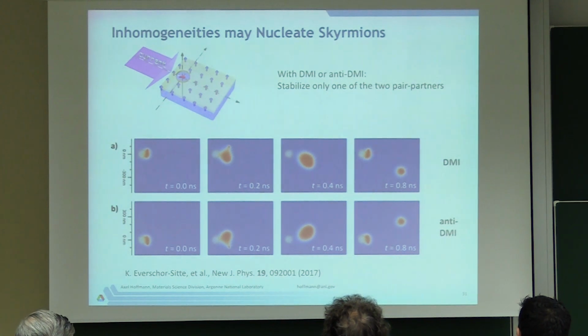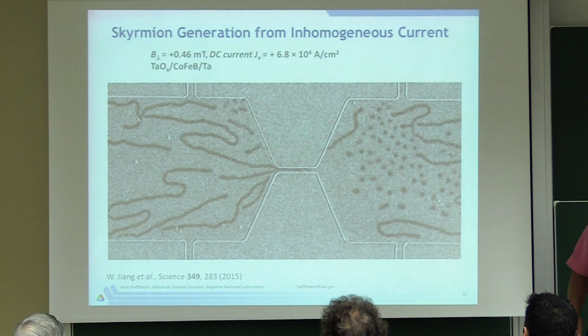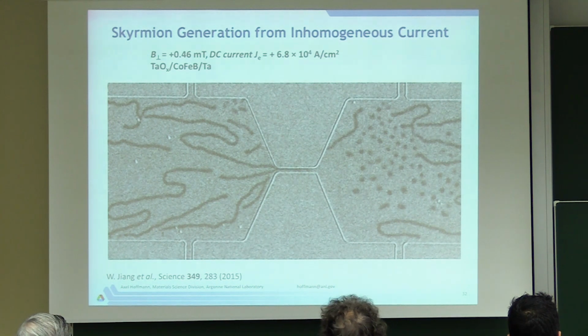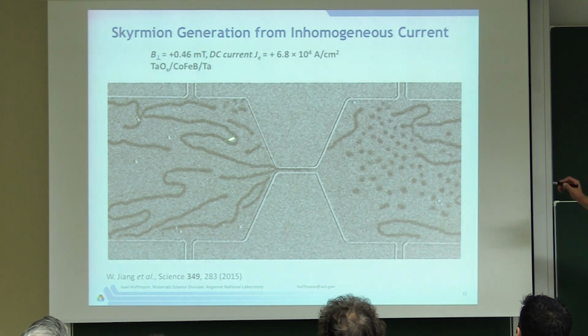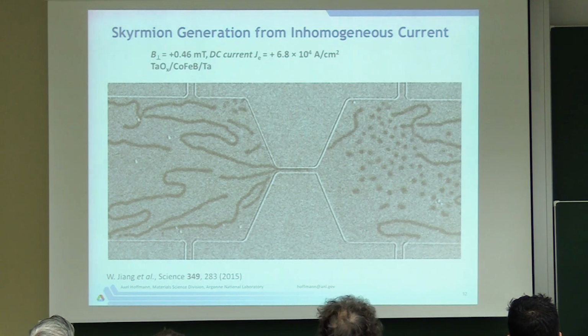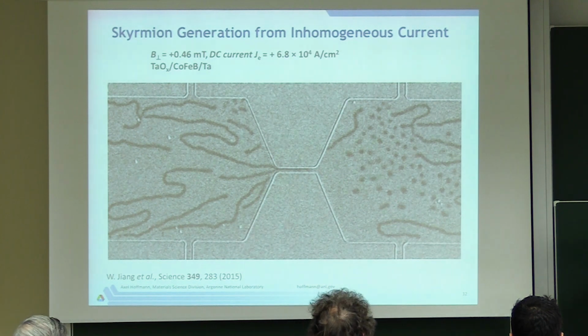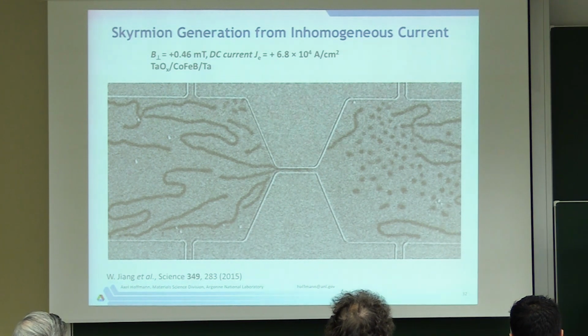Now, we did something kind of like this a couple of years earlier using tantalum, cobalt iron boron, tantalum oxide. Here's a wire that's 60 micrometers wide, with a constriction of 3 micrometers here. We have these band domain structures that we can push with a current through this constriction. Here we don't have an inhomogeneity in terms of the magnetization, but we have an inhomogeneity in terms of the current and in terms of the spin orbit torques.